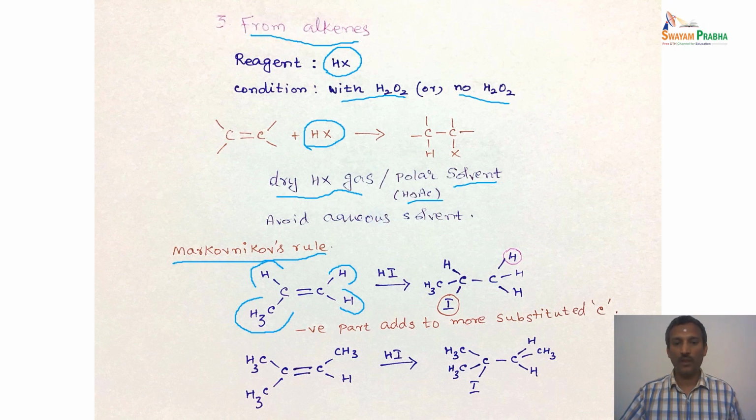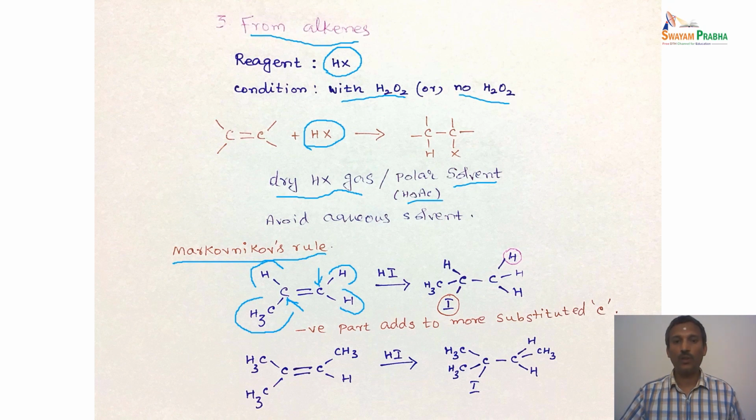One is the hydrogen adds to this carbon, or the hydrogen can add to this carbon. So that results in regioisomers. Two isomers are possible when we have unsymmetrical alkenes, but in this particular reaction we are not getting isomers, we are getting one product as the major product.